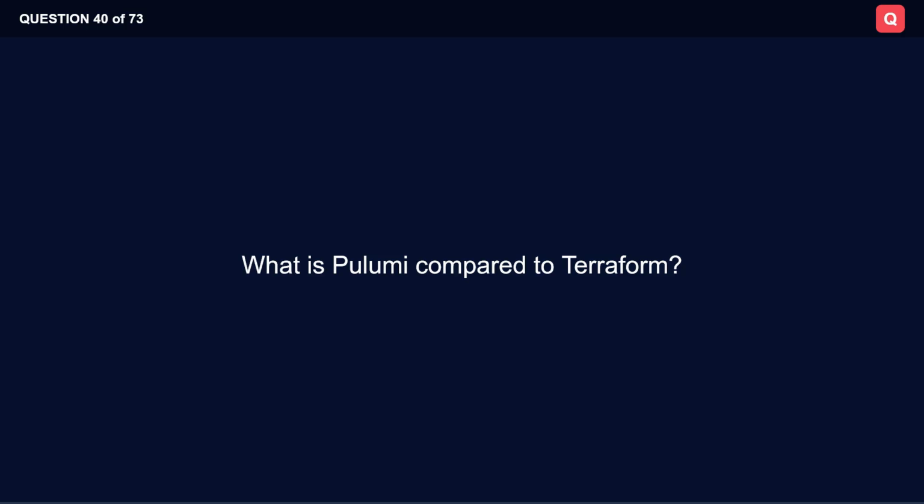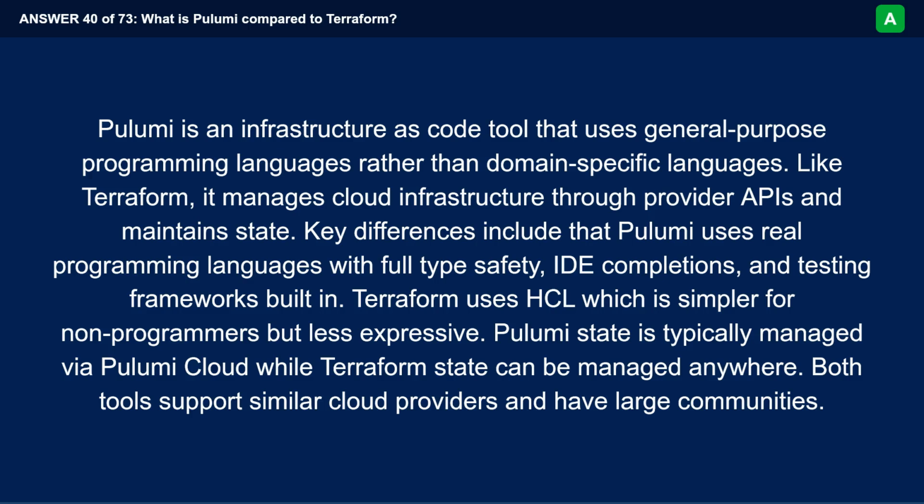What is Pulumi compared to Terraform? Pulumi is an infrastructure as code tool that uses general-purpose programming languages rather than domain-specific languages. Like Terraform, it manages cloud infrastructure through provider APIs and maintains state.